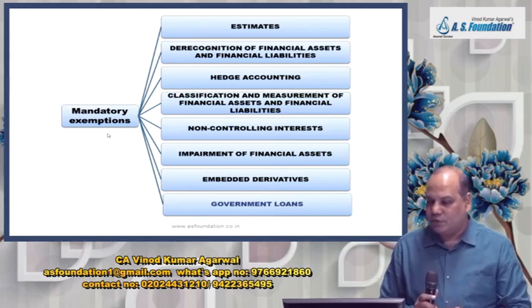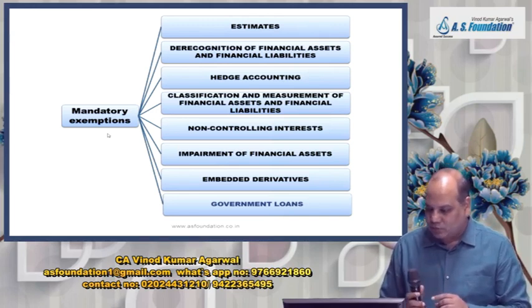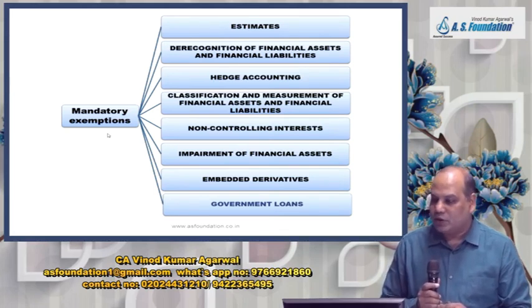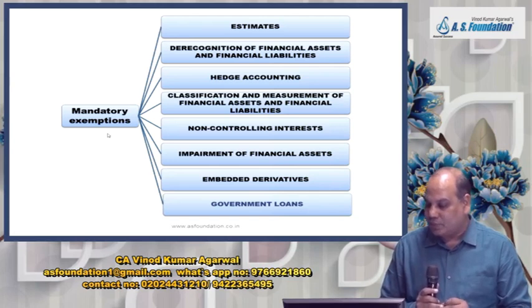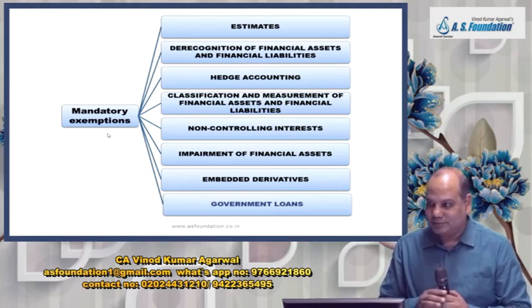Then derecognition of financial assets and liabilities. Hedge accounting, I will discuss one by one. Classification and measurement of financial assets and financial liabilities. NCI, impairment of financial assets, embedded derivatives, and government loans. Okay.